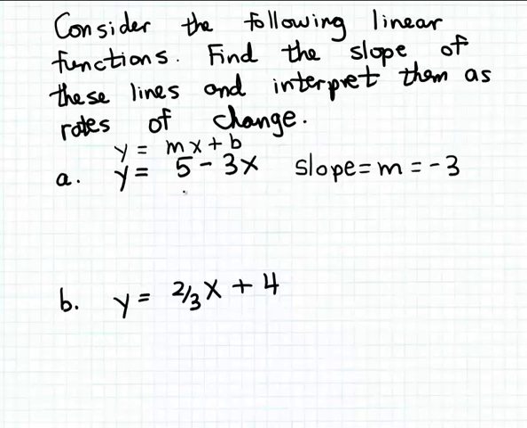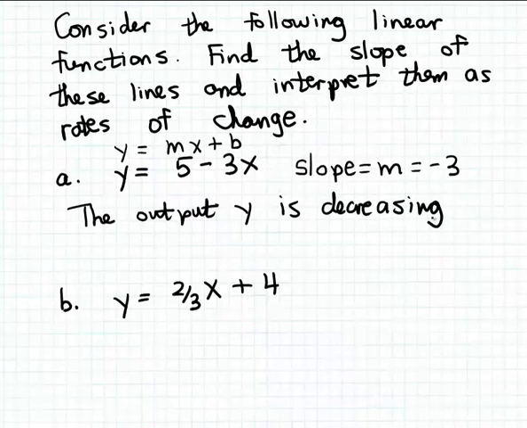So let's write down that interpretation. Because the slope here is -3, we know that the output, which we're labeling y in this example, is changing by -3 units, or in other words, is decreasing by 3, as the input increases by 1 unit.